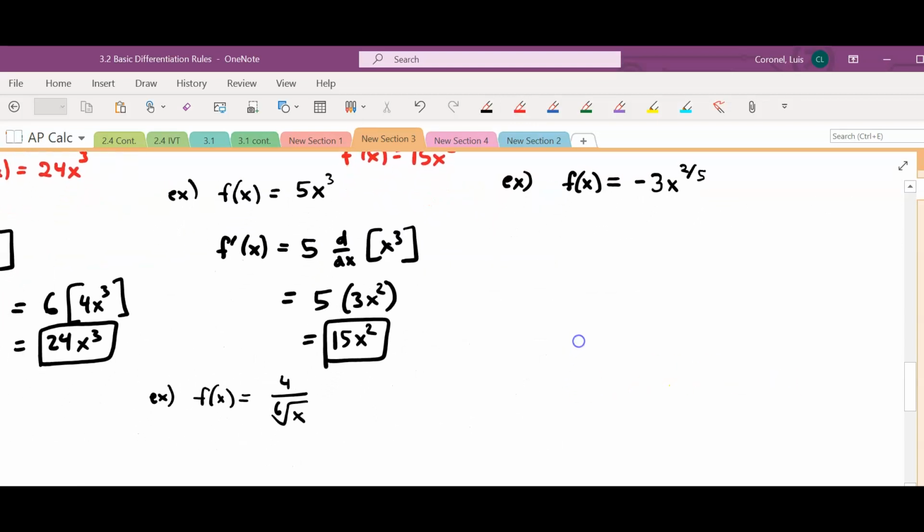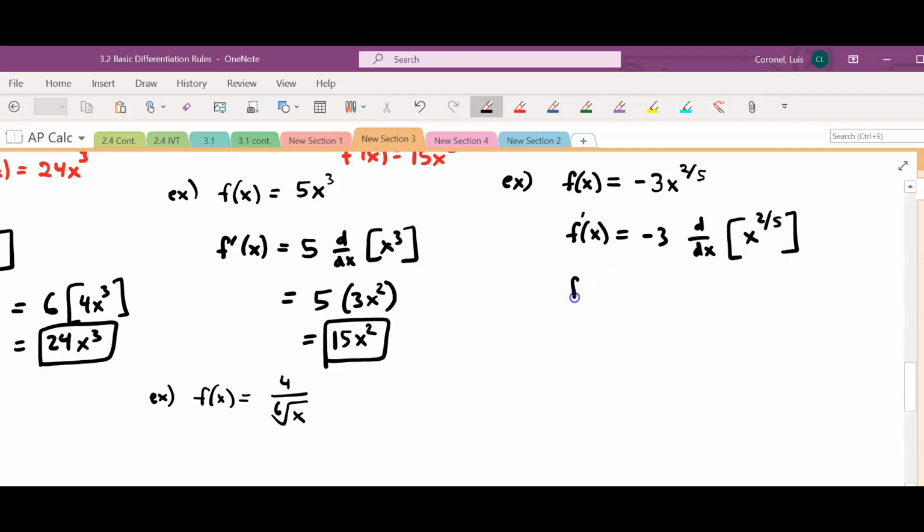Alright, our next example. Now we have this fraction, but it's the same idea of the constant multiple rule. F prime of x, the derivative. Multiply that negative 3 in later. Just do the derivative of that power.